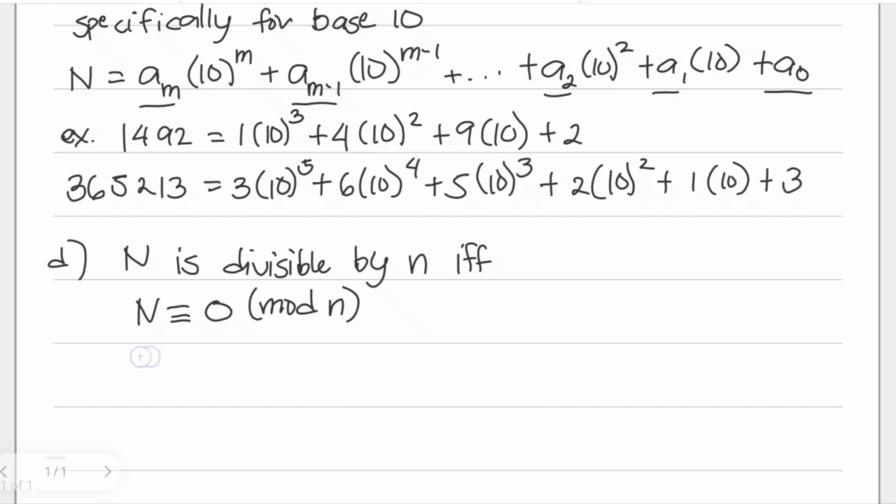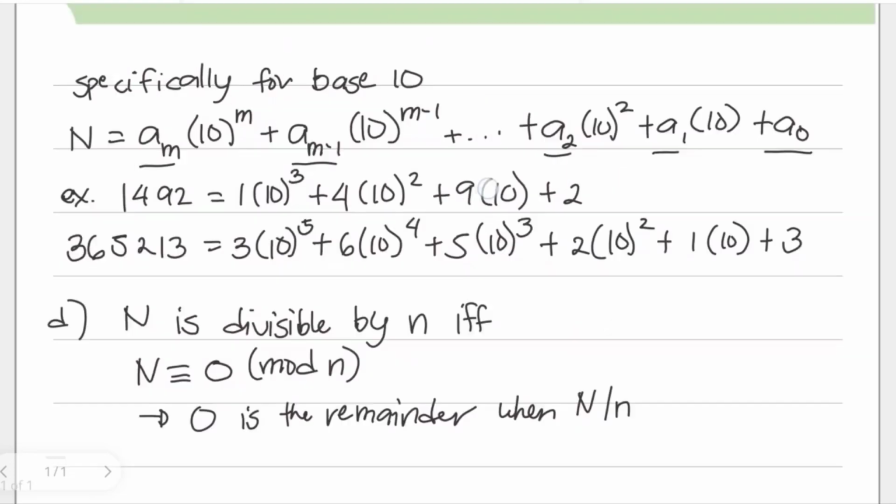This means that 0 is the remainder when our integer N is divided by our small letter n. And if the remainder is 0, that means the small letter n completely divides the larger integer capital N.